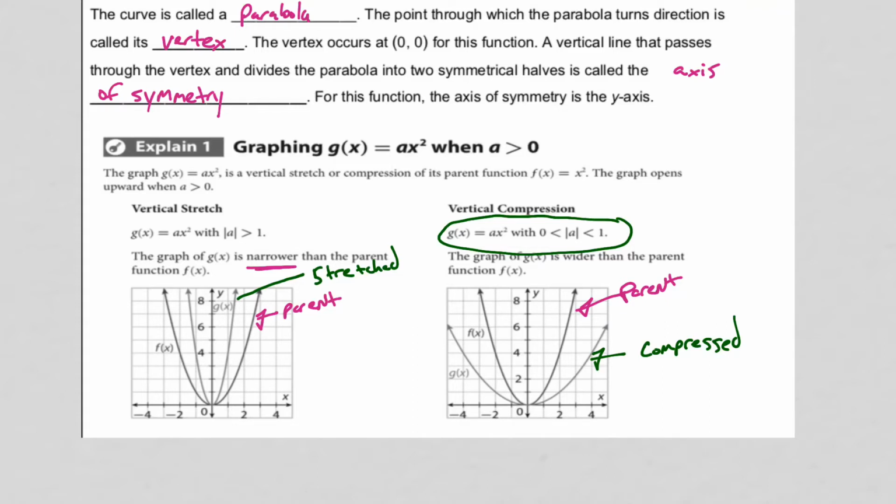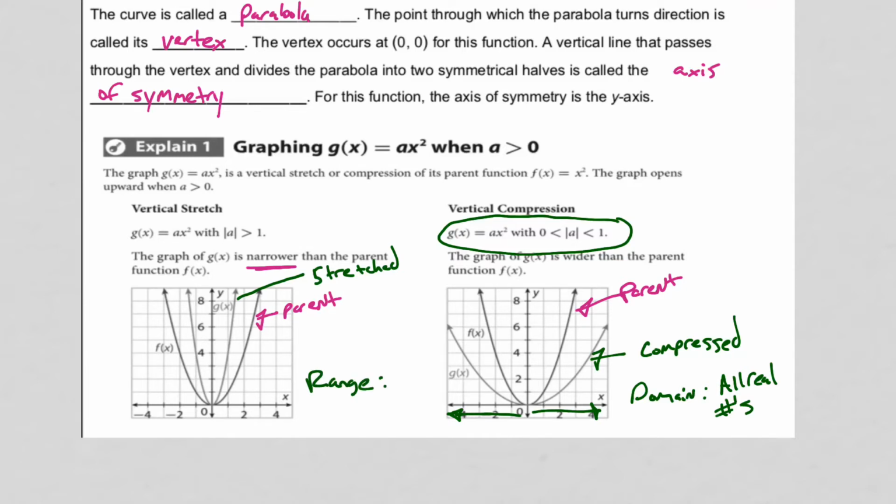Now, another important thing to notice is that, just like absolute value, domain is all the possible values of x. So what could x be? It looks like x could be everything. So the domain of these things is always all real numbers. And just like absolute value, the only thing that varies is the range.